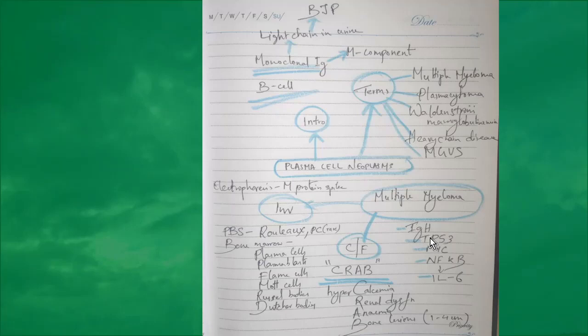They are B cell neoplasms. The characteristic feature is production of a monoclonal immunoglobulin. This immunoglobulin spike, which is seen in electrophoresis, is called the M component or M protein spike.